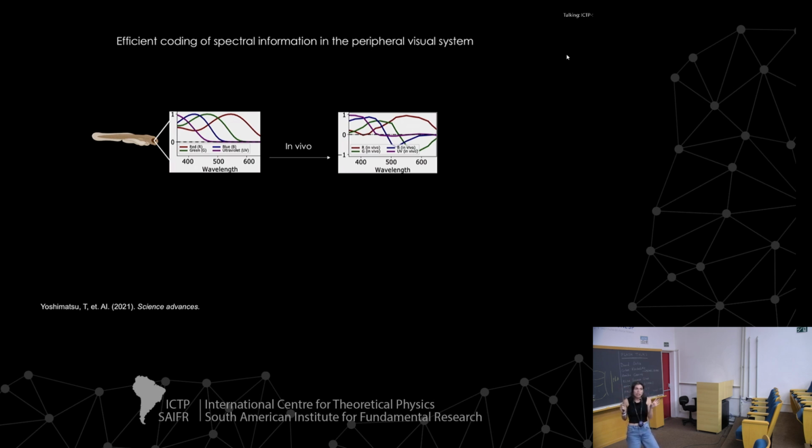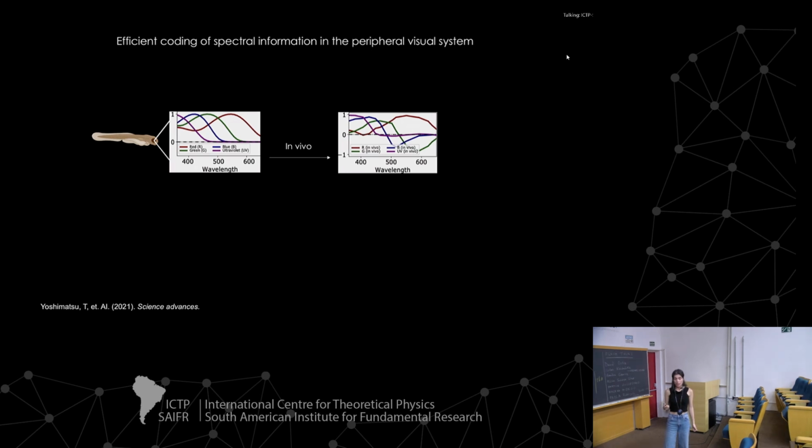Of course you need to do genetic manipulations before, right? But you can see what neurons are doing in the brain of the animal. So this is what these people did here. This is the sensitivity of cones as a function of the wavelength in the isolated photoreceptor. They take the neurons, measure the sensitivity, and get these curves.